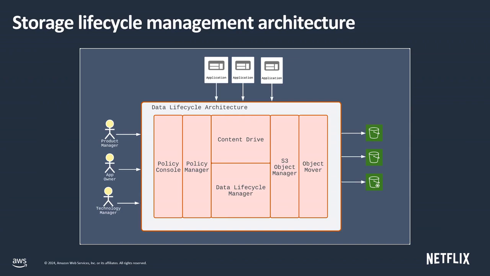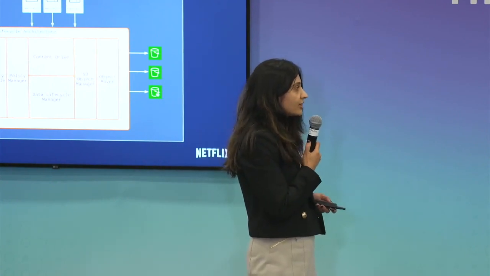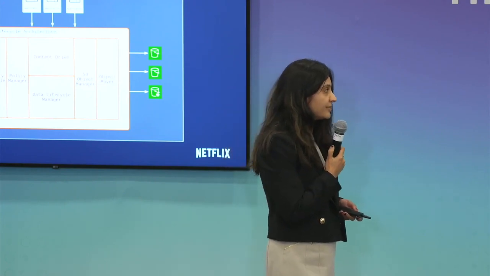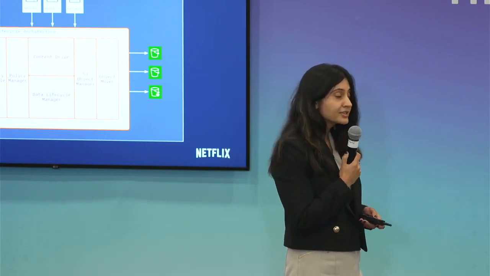So let's look at what our storage lifecycle management architecture looks like. Our storage lifecycle management architecture has the following components. It has a policy console, a UI to define policies or view the dashboard on top of policies. Our policy manager, which is a backend service to store the metadata of the policies.